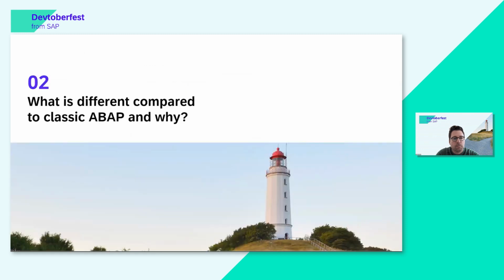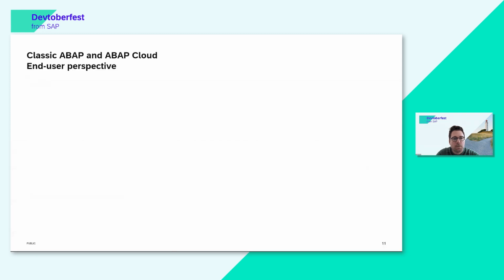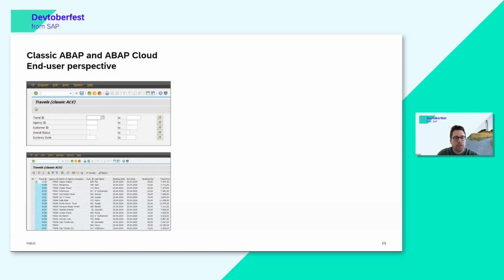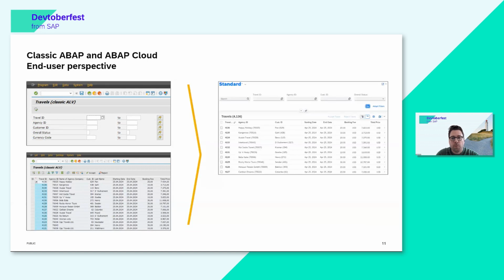So now let's go into a comparison between classic ABAP and ABAP Cloud. So maybe first from the end user perspective, we all know the classic ALV. We have a selection screen. Then afterwards, the data is shown in a list report. And then we move forward towards how it looks in Fiori.